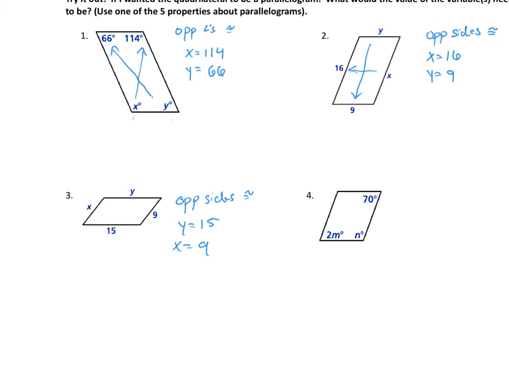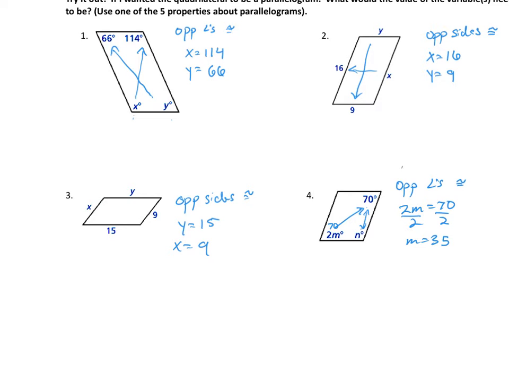Oh, a little bit of a tricky one. So we don't know everything here, but I know that the opposite angles are congruent. So that means 2m must equal 70. I can divide both sides by 2. M should equal 35. This is 70. N and M are consecutive. That means they have to be supplementary.